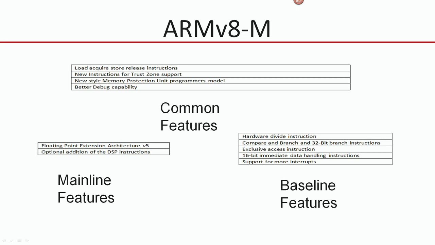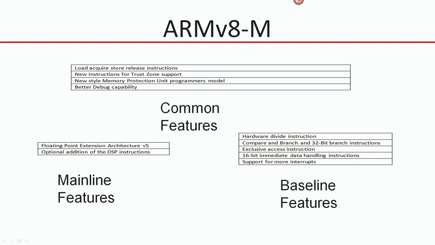So it's easy to see that this will be extended into the ARMv8-M architecture. There's also the addition of TrustZone, which is a security architecture for typically IoT type devices, and we'll have a look at that in a moment as well.